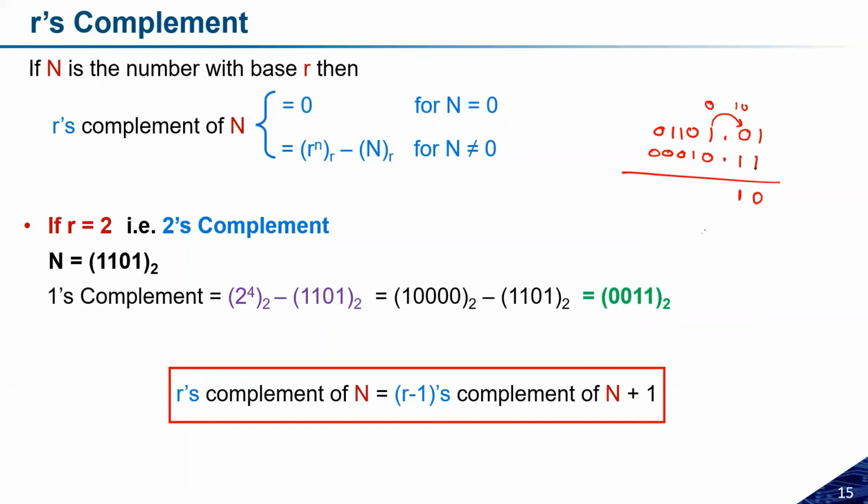Just as we do in normal decimal mathematics, this is the same. Now 0 minus 0 is 0, then 0 minus 1, so we have to borrow from here, so this becomes 10 minus 1, which is 1, because I have borrowed 1 from here, this becomes 0. So 0 minus 0 is 0 and 0. So this is the result.